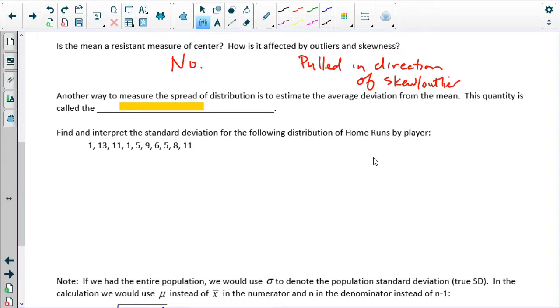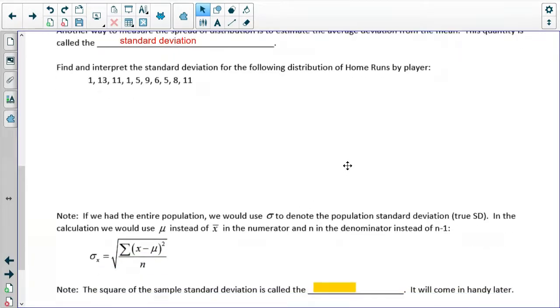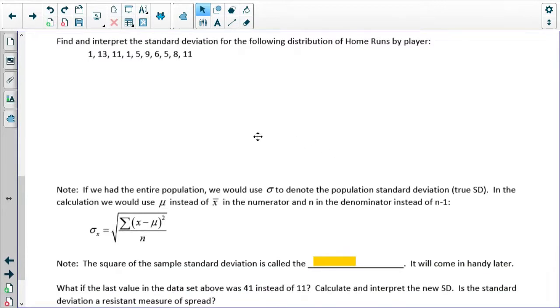Another way to measure the spread of a distribution is the standard deviation. So let's calculate standard deviation. And standard deviation is not something that's all that fun to calculate because it takes a lot of work. So basically, in order to calculate the standard deviation, what you have to do is find the mean.